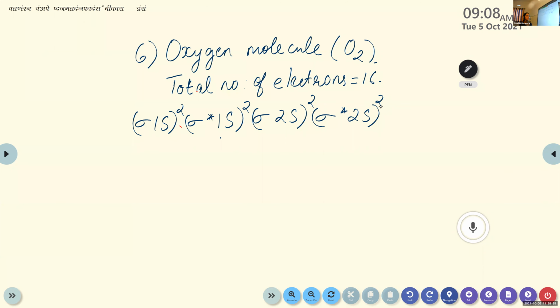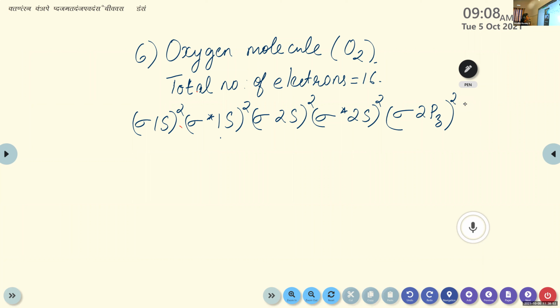Then what about the next one? Pi 2px equal to pi 2py, or sigma 2pz? Yes, sigma 2pz, that is equal to 2.